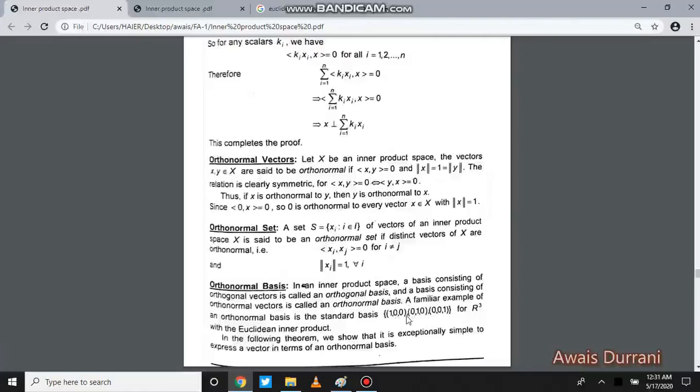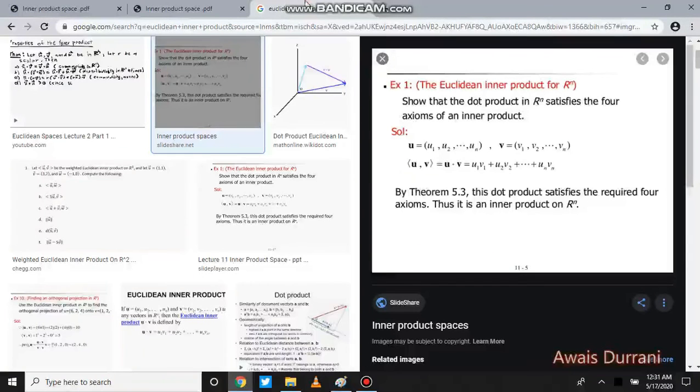If every two distinct elements of this set satisfy these conditions, then we say that yes, these are orthonormal. To check the truth or falsity of the orthonormality of these elements, we say that the defined inner product is the Euclidean inner product. What is the Euclidean inner product?